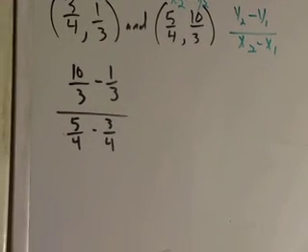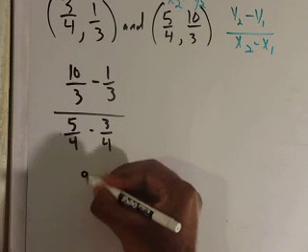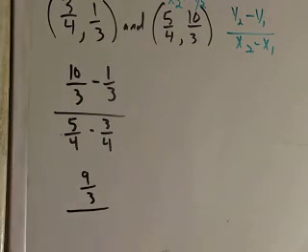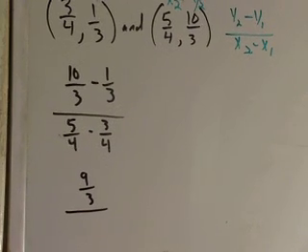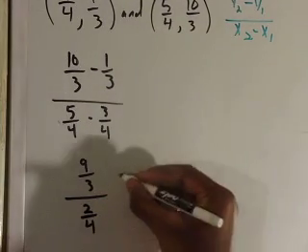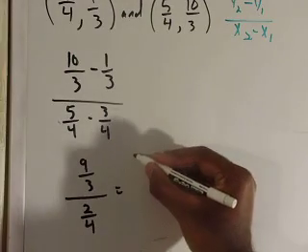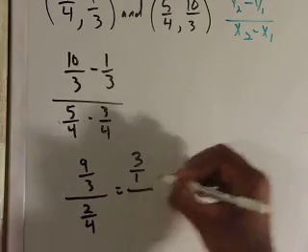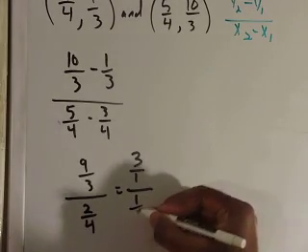So 10/3 minus 1/3, what is that? 9/3. And then 5/4 minus 3/4 is 2/4. So 9/3 simplifies to 3/1, and 2/4 simplifies to a half.